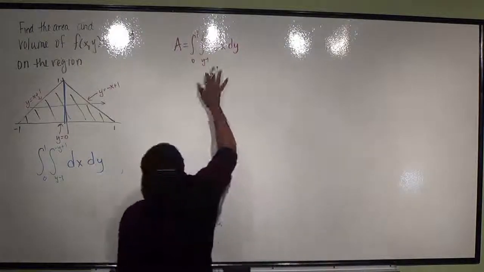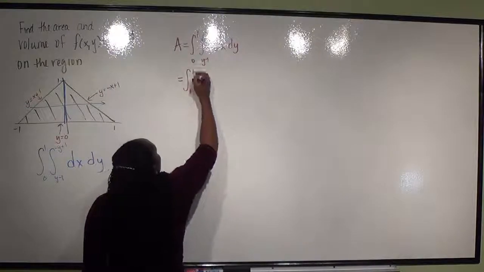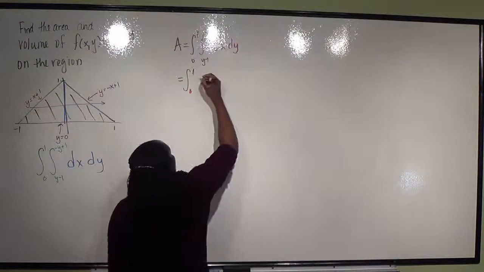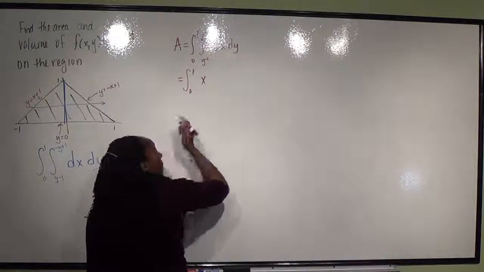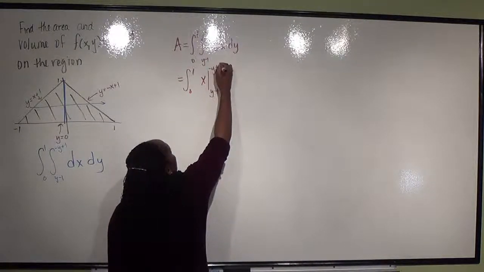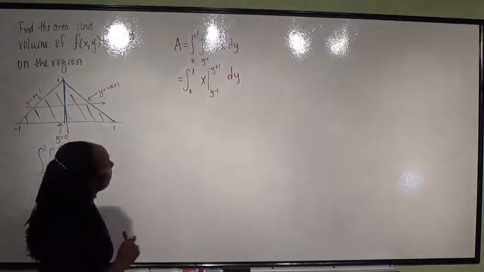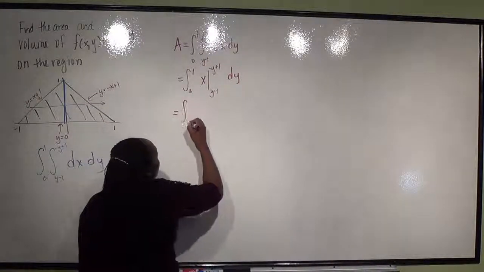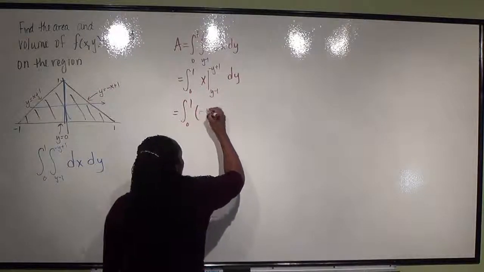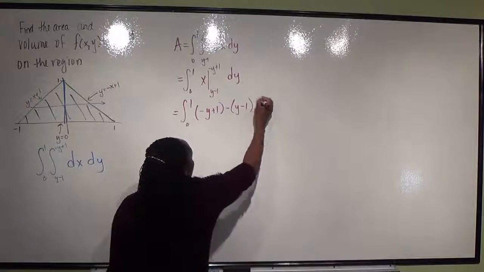Okay, so I'm going to integrate the inner piece first. So the integral of dx is just x, and I'm going to integrate that from y minus 1 to negative y plus 1 dy. So my upper limit minus my lower limit is negative y plus 1 minus y minus 1.